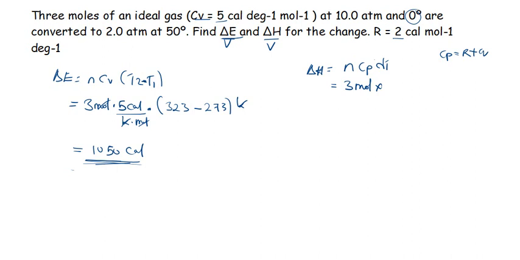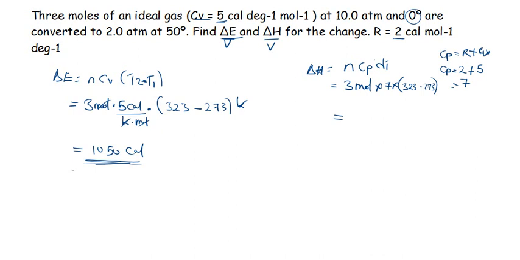The Cv that we have is 5, and R is 2, so 2 plus 5 for the Cv gives me 7. So Cp is 7, then times the change in temperature, 323 minus 273.